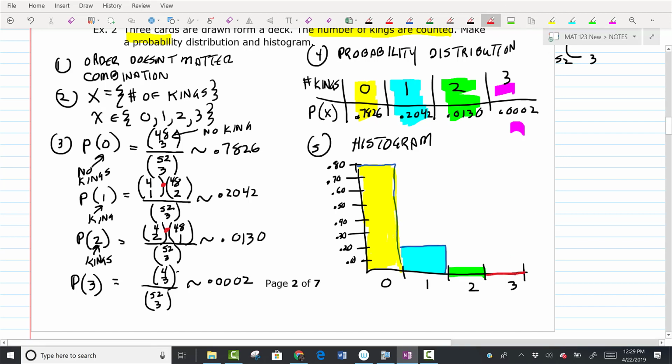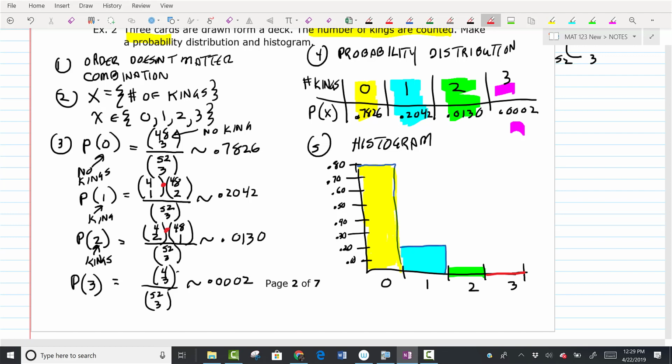So that's what your probability histogram is saying: the probability of no king is about 0.78, this one is about 0.20, that's about 0.013, and then that's just barely there. Like some of the examples we've done, with the high probability in the center, not on this one, the highest probability is here, and it's decreasing in probability like that. Does that make sense?